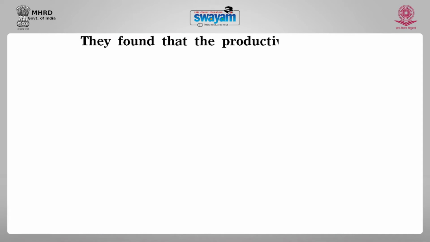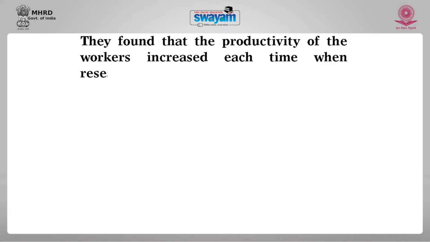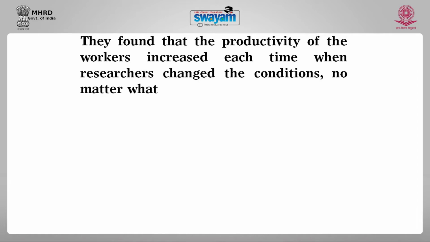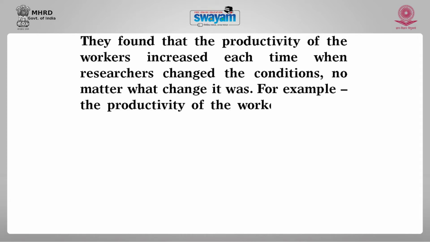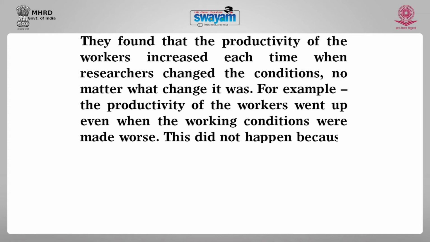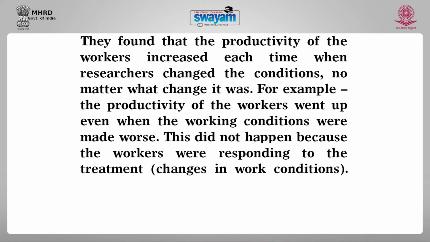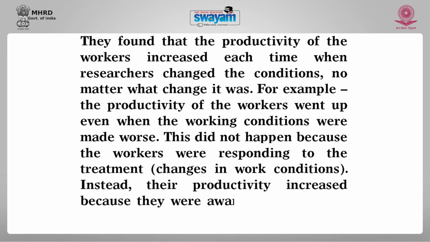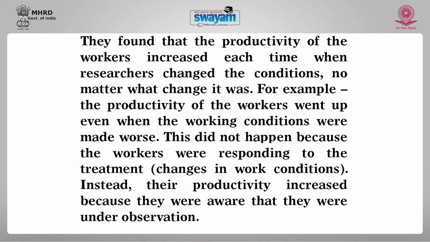They found that the productivity of the workers increased each time the researchers changed the conditions, no matter what the change was. For example, the productivity of the workers went up even when the working conditions were made worse. This did not happen because the workers were responding to the treatment, that is change in work conditions. Instead, their productivity increased because they were aware that they were under observation.